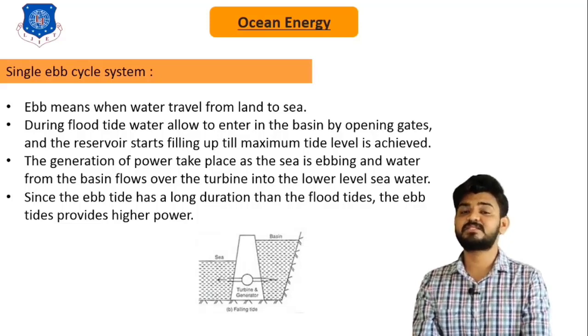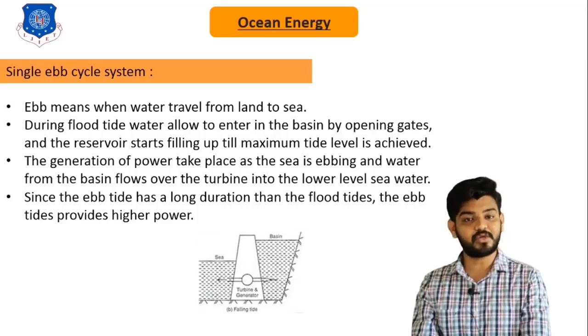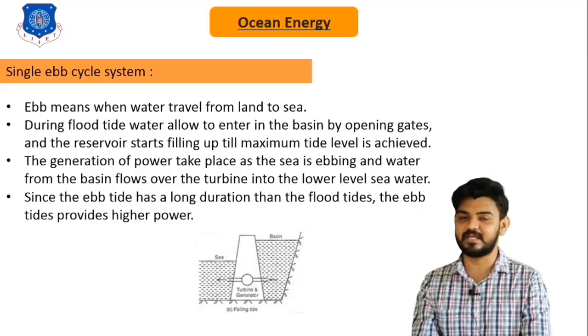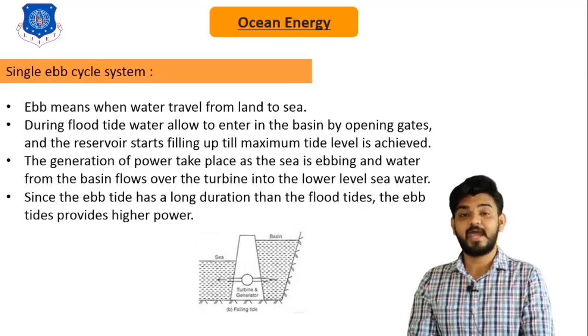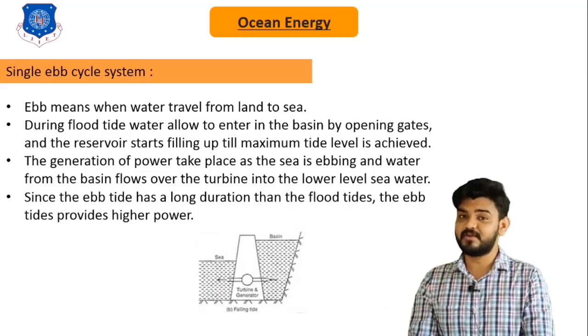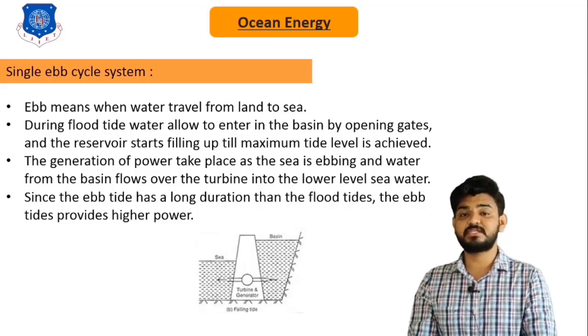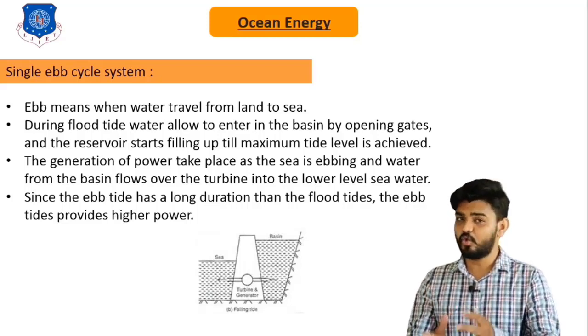When water passes from the sluiceway to the ocean, it runs the turbine, which is connected to the generator shaft, which rotates and produces electricity. Here in this image you can see that during ebb tide, water from the reservoir travels through the sluiceway, rotating the turbine and generator to produce electricity, and ultimately water is discarded into the ocean.